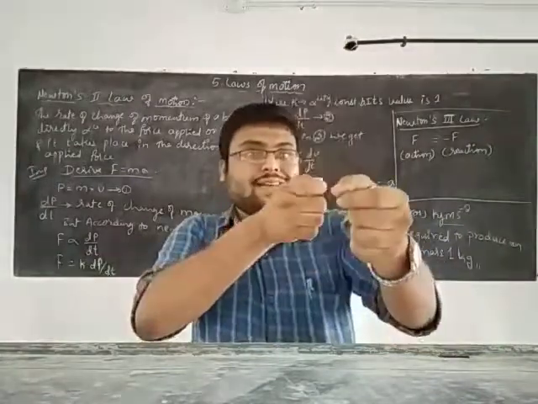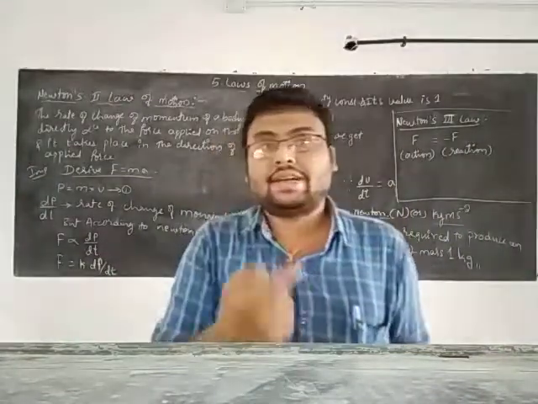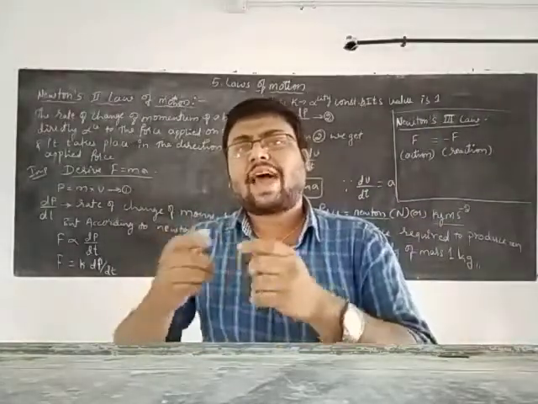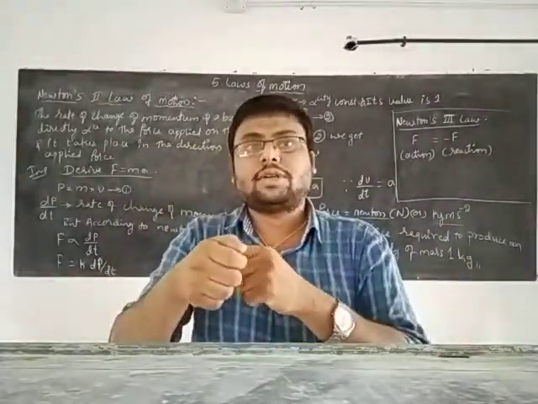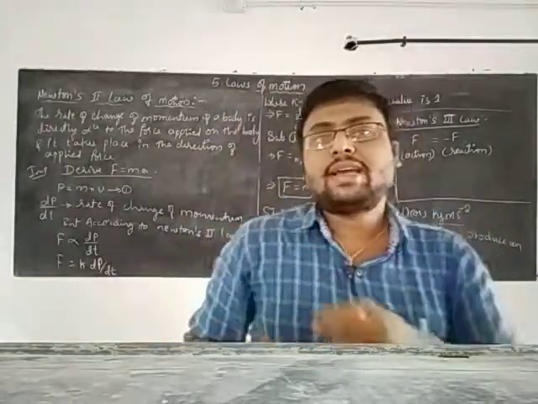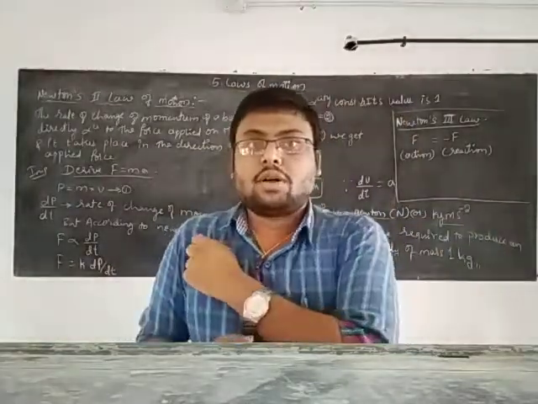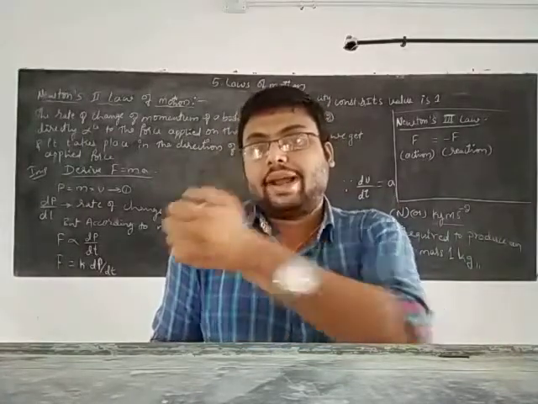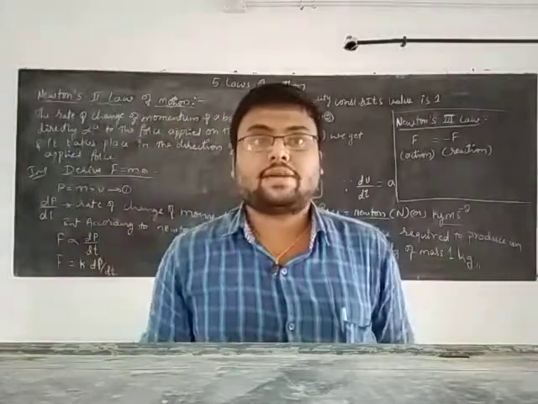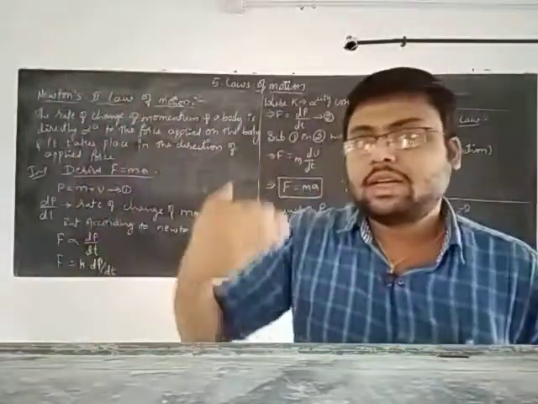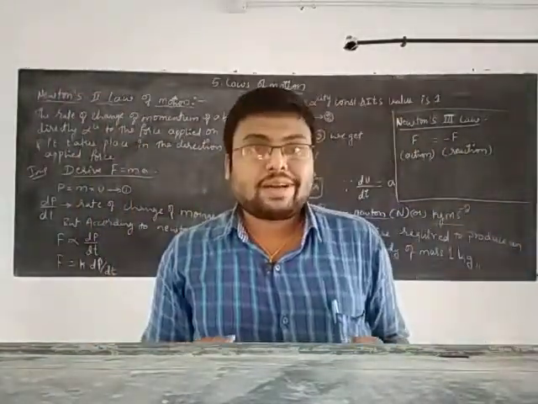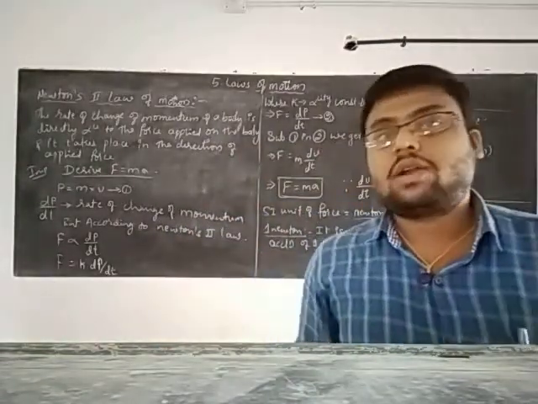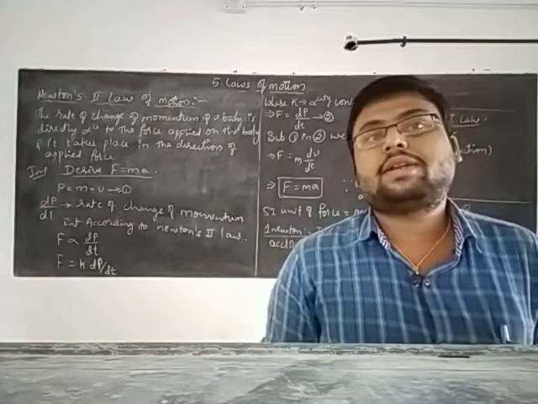If you hold the gun in any other posture, you may get injured in your face. So the gun is held with the support of your shoulder, because it will rebound when you fire. When the bullet moves forward, the gun travels backward. So this is about the first law, second law, and third law, and the remaining we will discuss in the next class.